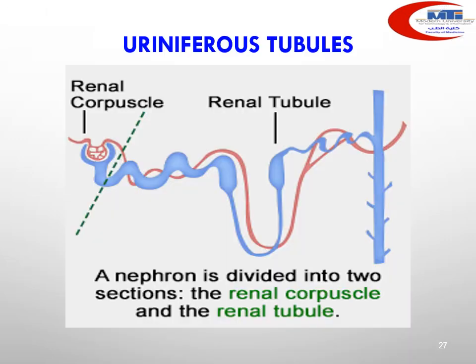The uriniferous tubule is formed of the renal corpuscle, which is formed of three things. And then you have the longest structure, the proximal convoluted tubule, then the loop of Henle, then the distal convoluted tubule, and lastly the collecting tubule.